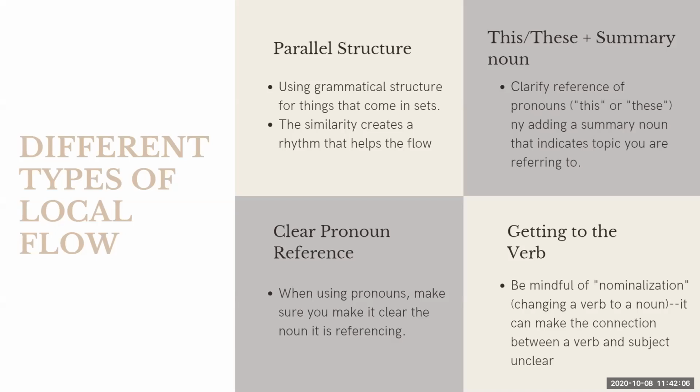But you want to make sure that the connection between a verb and a subject is clear, because sometimes when we use nominalization, we end up adding a lot of words in between the subject and the verb, and then it just makes it confusing. We get these really long multi-line sentences that can be a little hard to follow.